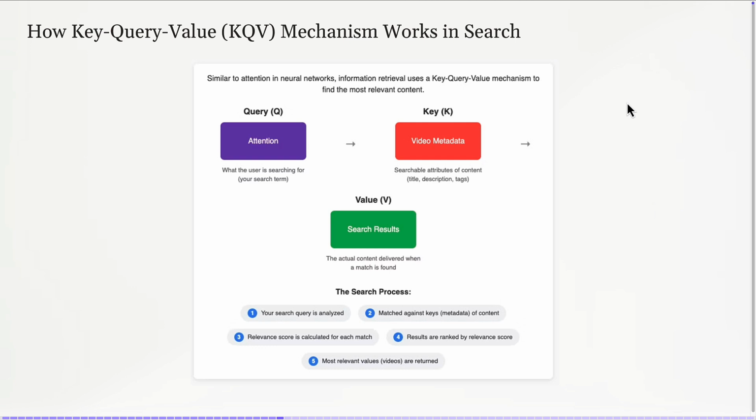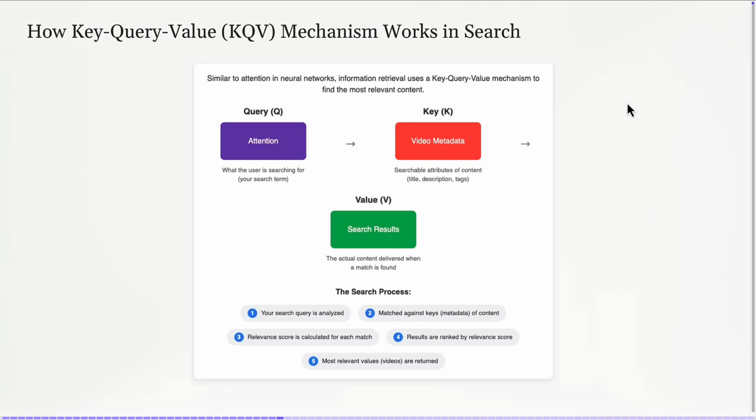At the end, the concept of self-attention is based on a query. So this is what the user is searching for. And the key is a searchable attribute of content. Okay, we're going to search content with respect to certain attributes that are the most relevant to the query among the actual content that exists in the information system.